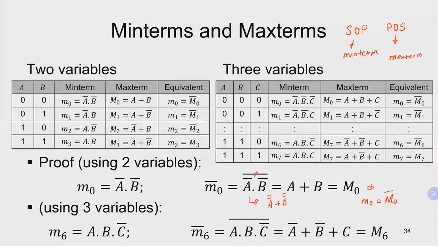So our Boolean function will be the sum of all the true minterms on the truth table. And then the maxterm is what we call the product of sums. So you can see that the maxterm is the sum. And then the product of sums is that we AND all these maxterms in the truth table.